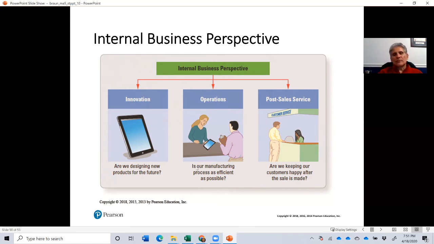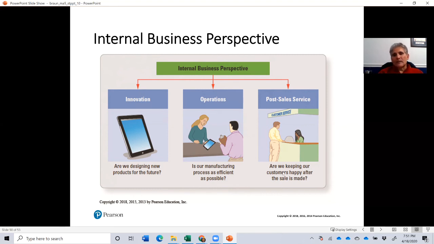What are we doing in terms of efficiency? Are we making our operations a little more efficient? Are we doing things to move things a little faster through the operations? Don't lose sight of quality, but let's always try to find ways of doing things better and faster, right? And then post-sales service. Are we able to follow through with after the sale customer support?